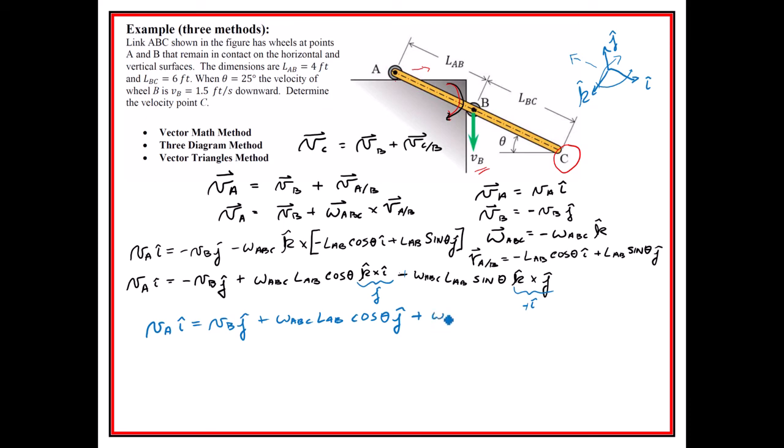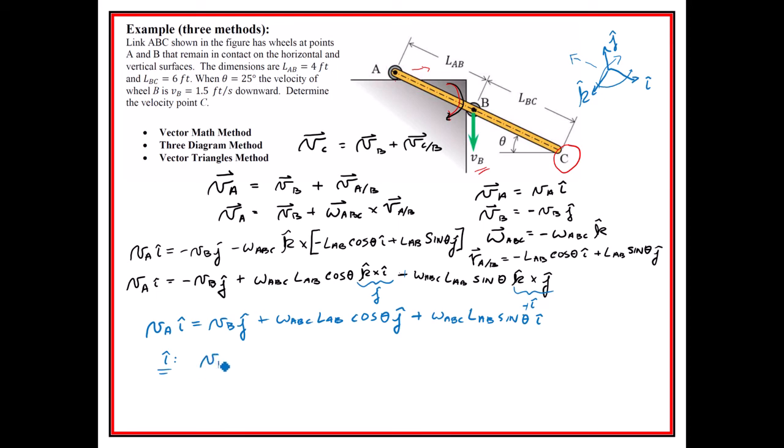So plus omega ABC LAB sine of theta I. Now we can take a look at the I terms right here and set them all equal to each other if we wanted to.